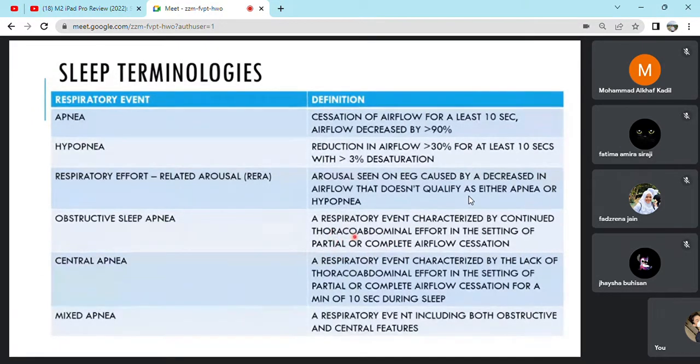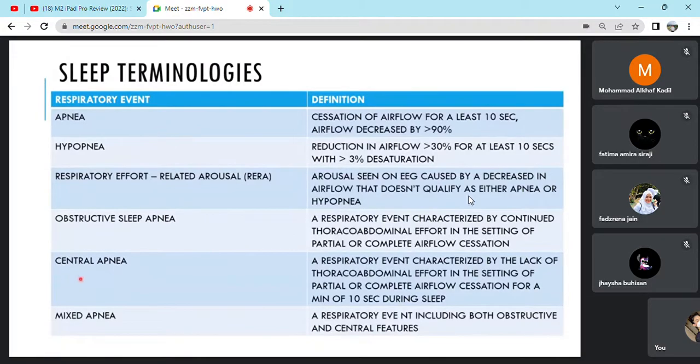Because you will see that the patient is performing efforts to correct now the respiratory event that is happening. So it can be caused by a partial or a complete airflow cessation due to an obstruction in the airways of your patient. That's why it's known as your obstructive sleep apnea.